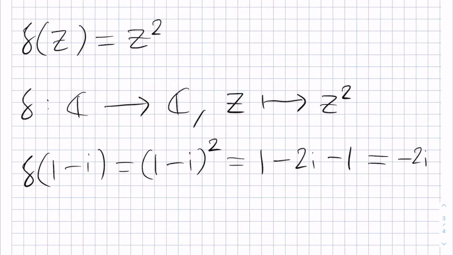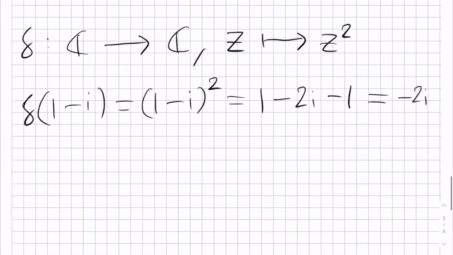For this function, we write out the input z by separating out its real and imaginary parts. We write z equals x plus iy, where x is the real part of z and y is the imaginary part of z.